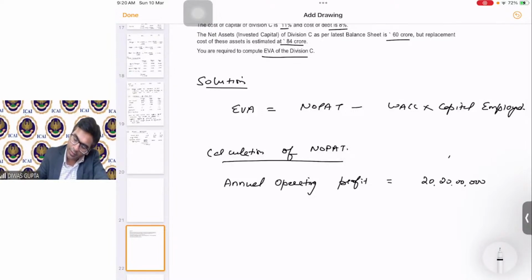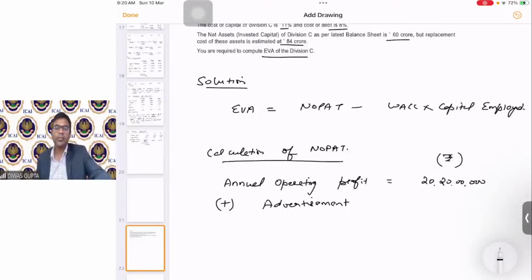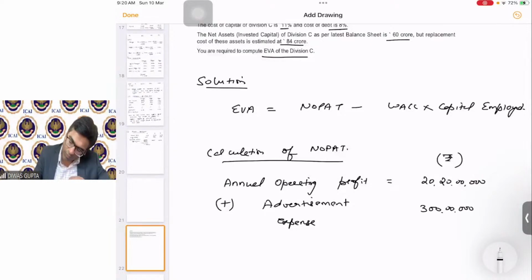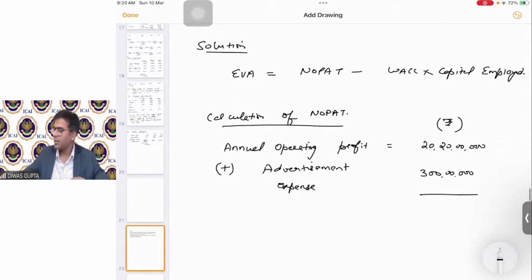This is the rupees amount, right? Now, in this, 3 crores of advertisement expenditure is charged.